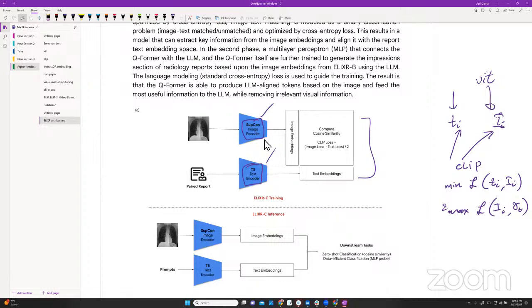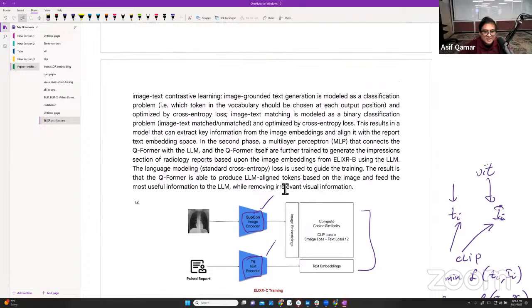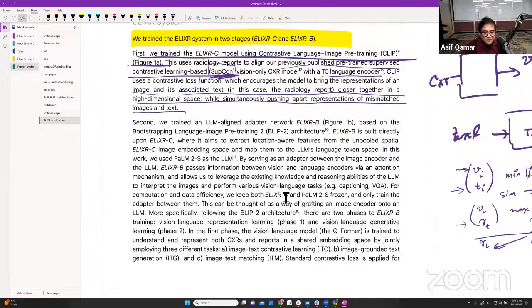I see, Asif. So now, if we wanted to use this on something a little bit similar, like maybe an X-ray for a different part of the body, then we can just use this whole architecture that they built, essentially. Yeah. You can use the same architecture with one change. See, this SupCon has only been trained on the chest X-ray.